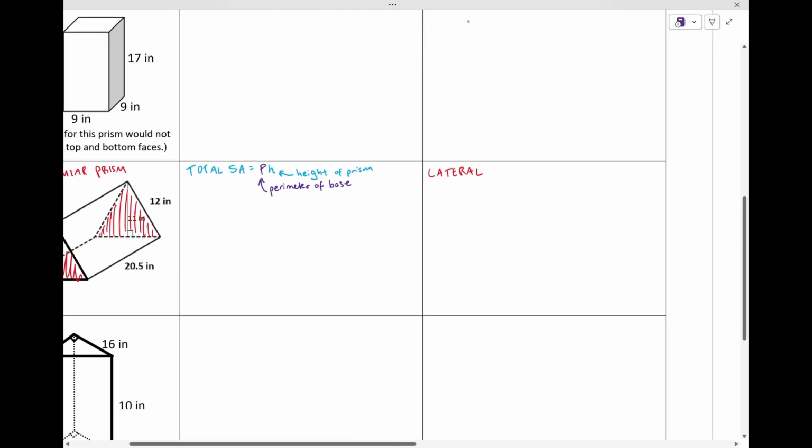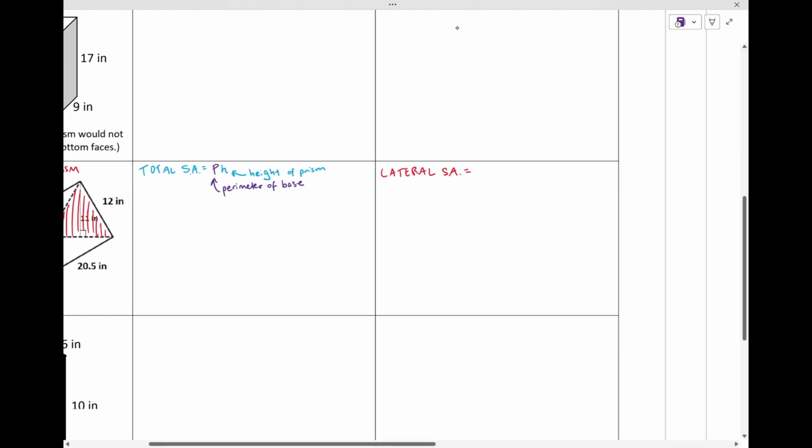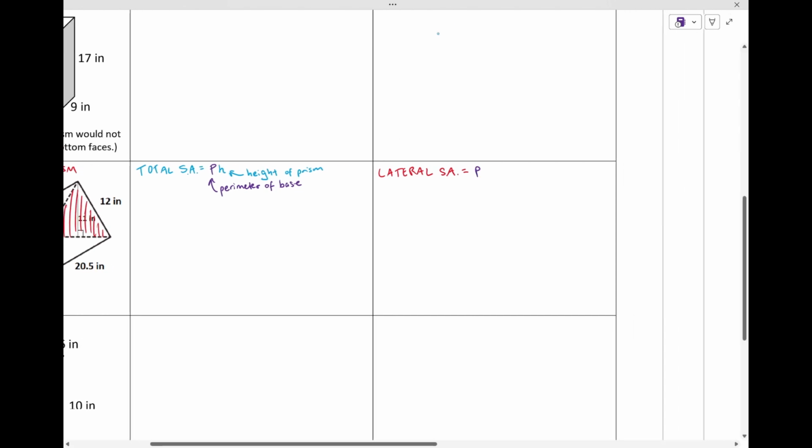Now, surface area, I'm just going to use SA for short. Total surface area for a triangular prism, we saw earlier, it was P times H again, plus 2B. And that B, that capital B, we sometimes say big B, stands for area of the base. In this case, our base is a triangle again.